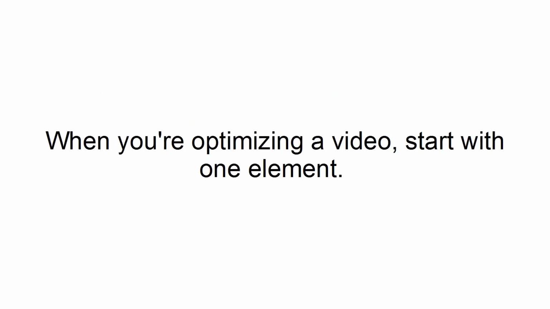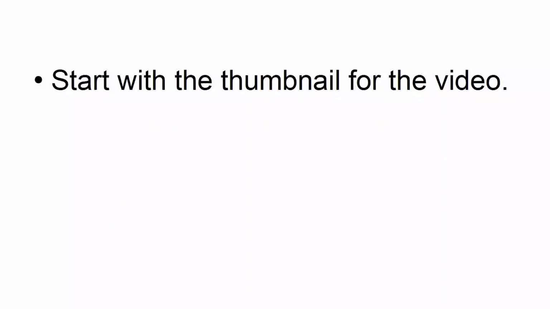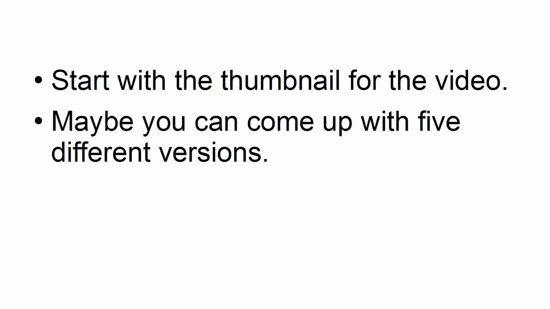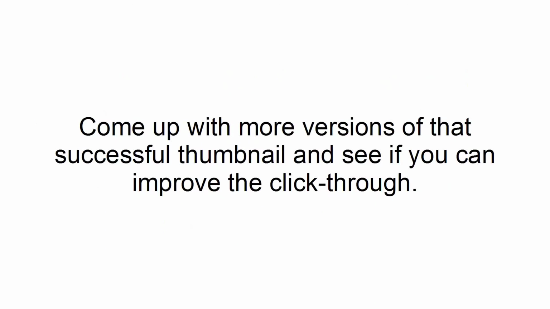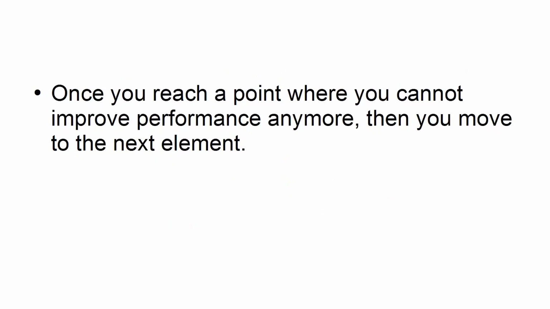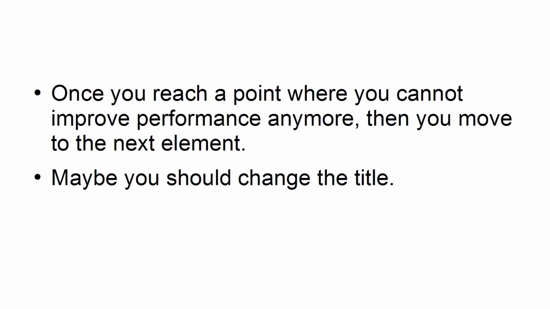When you're optimizing a video, start with one element. For example, start with the thumbnail for the video. Maybe you can come up with 5 different versions. See which version gets the most clicks and plays. Come up with more versions of that successful thumbnail and see if you can improve the click-through. Once you reach a point where you cannot improve performance anymore, then you move to the next element. Maybe you should change the title.